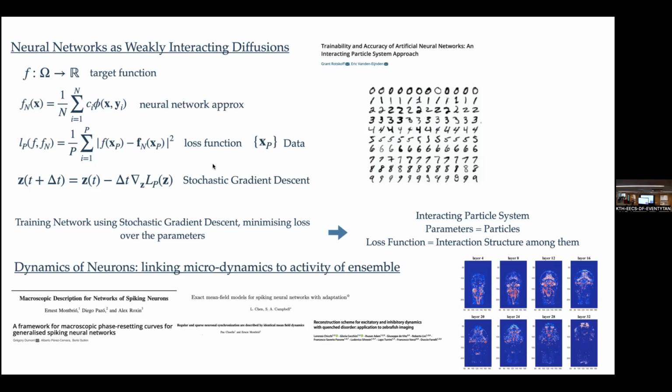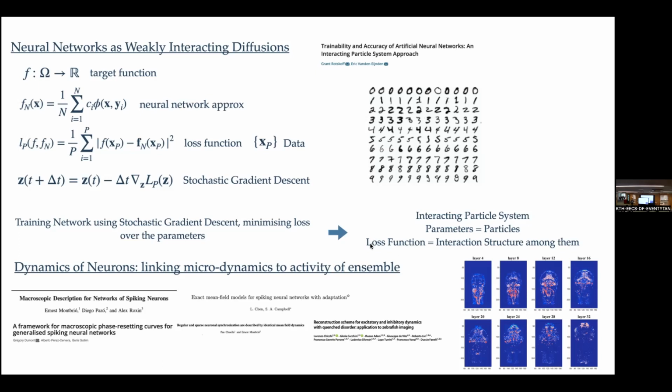One of the most used ones is stochastic gradient descent, where you optimize these parameters by going through stochastic dynamics in a complex landscape. And these dynamics can be seen as an interacting mean field particle system, where the parameters of the networks are the particles, and the loss function is actually the interaction structure, the kernel structure among them.